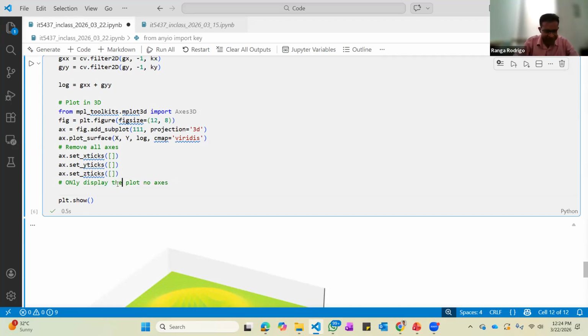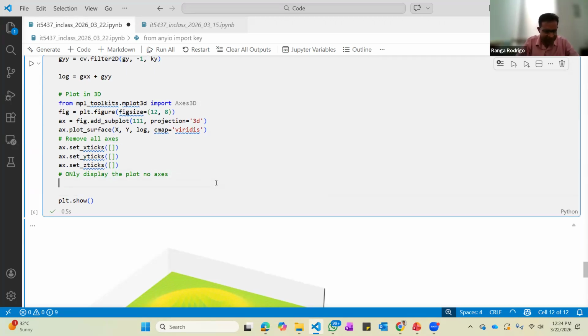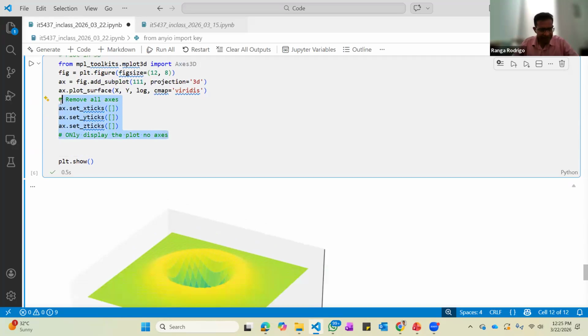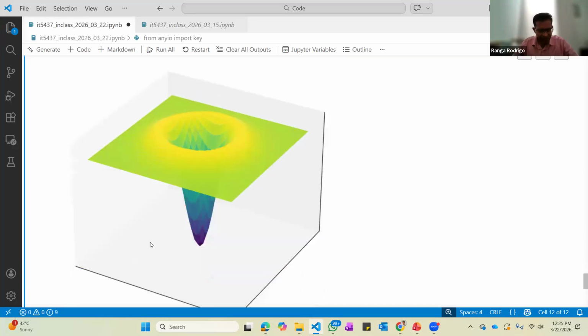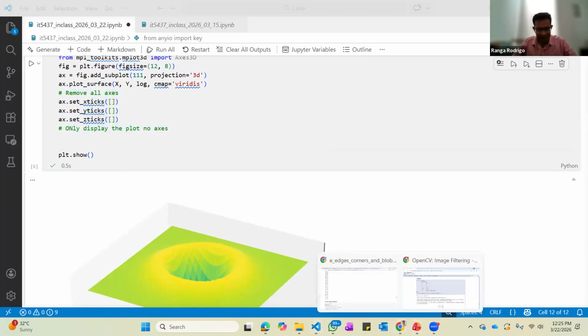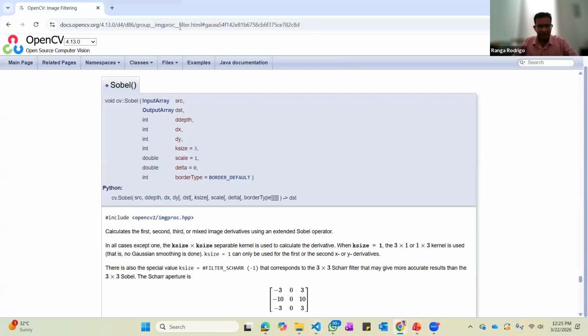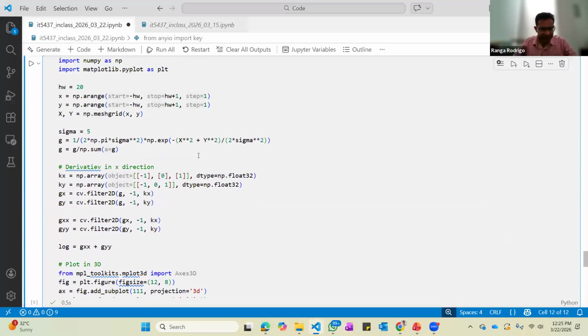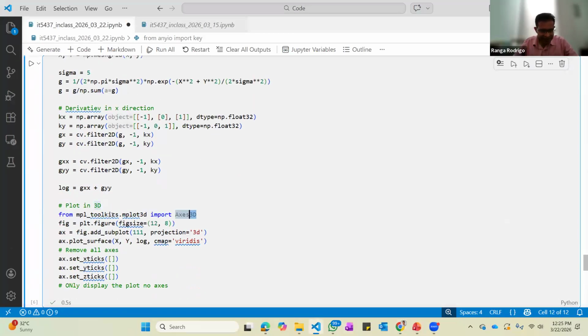It has to look nice, right? With the axis, it ruins the picture. Yeah, it doesn't work. These things I would remove. This is what's required for plot 3D.